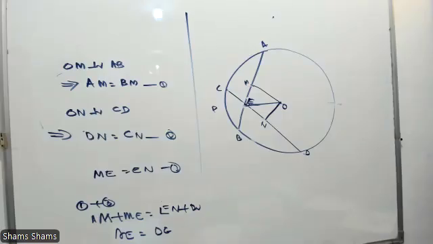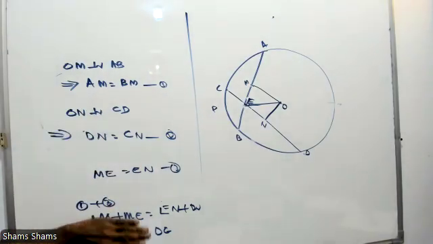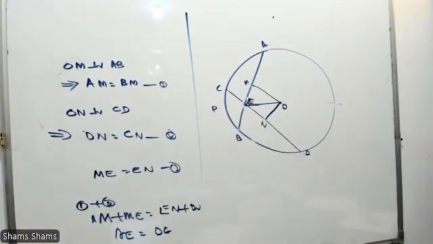Similarly, ON is perpendicular to CD, so DN equals CN. Number two: the perpendicular from the center bisects the chord, and vice versa.